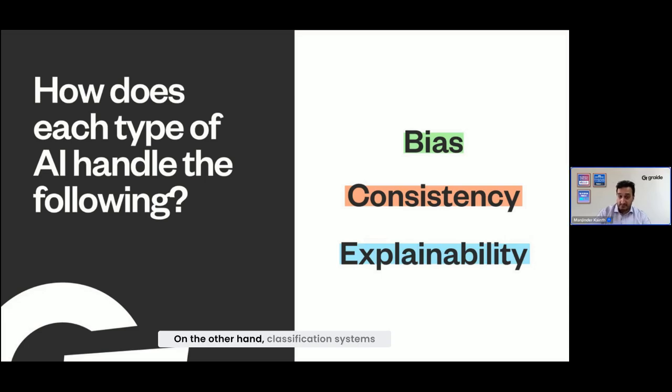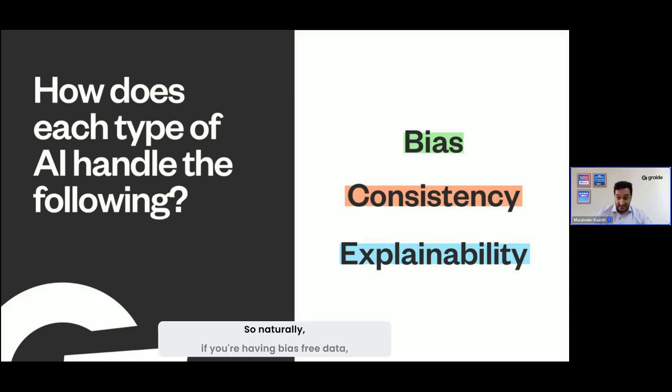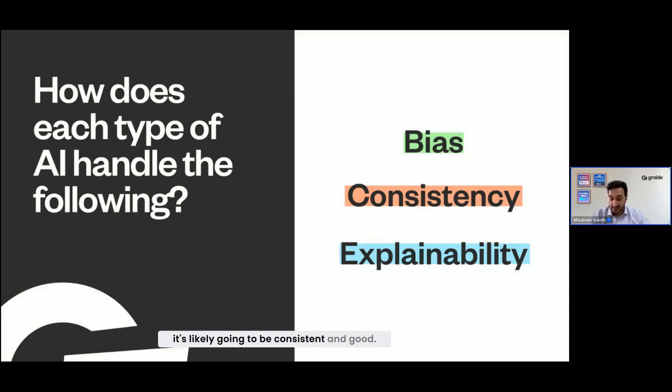On the other hand, classification systems are almost designed to be consistent. If you put in the same input, you'll always get the same output. So naturally, if you're having bias-free data, it's likely going to be consistent and good.